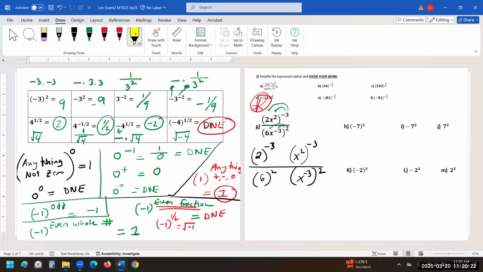So before we play around with negatives, anytime you see more powers with the same base, first apply a power rule on that. So 2 to the negative 3, keep it. X to the, what do you have? Negative 6. Many people wrote x to the negative 1.